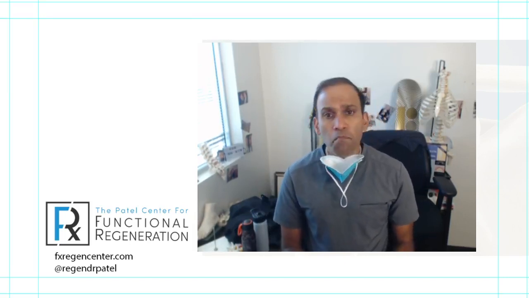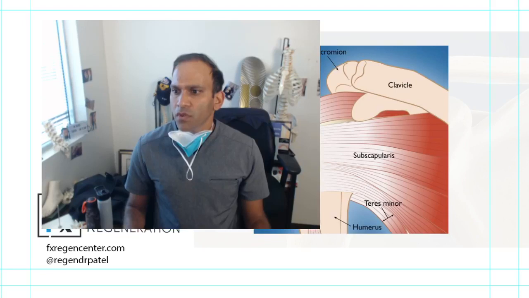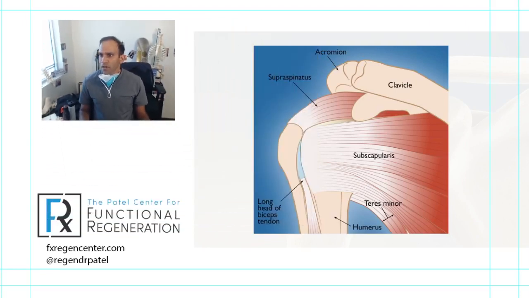Now, what is the term bursitis? Well, the bursa is a fluid-filled sac that surrounds the rotator cuff tendon. So I'm going to go back to this image of the rotator cuff that I have here, and I'm actually going to do a little bit of drawing here so you can see what I'm talking about.